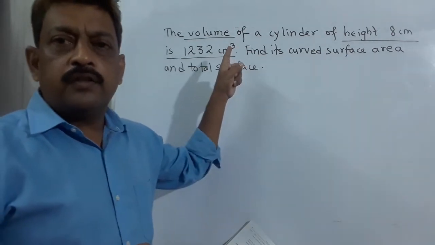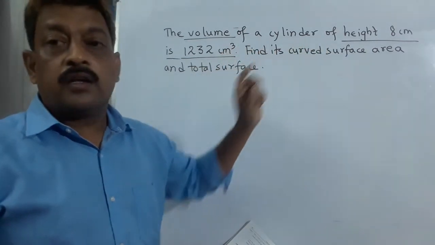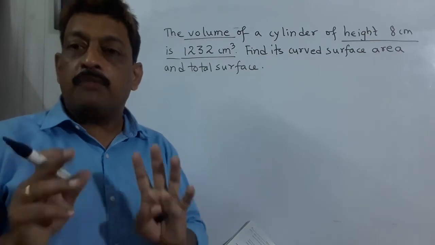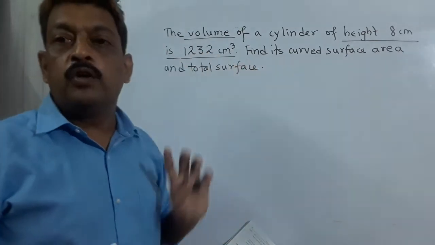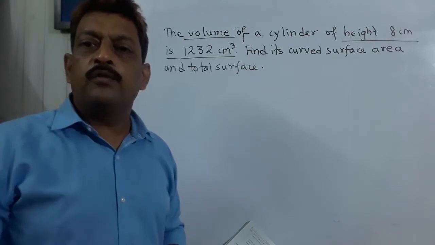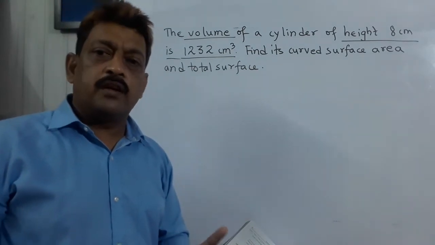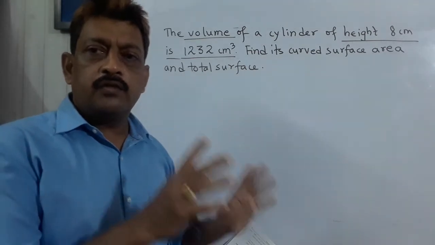So though the height of the cylinder is given 8 centimeter, the radius is not given, but we can calculate the radius because the volume is given. So using the formula for volume of a cylinder, first of all let us see what is the radius.